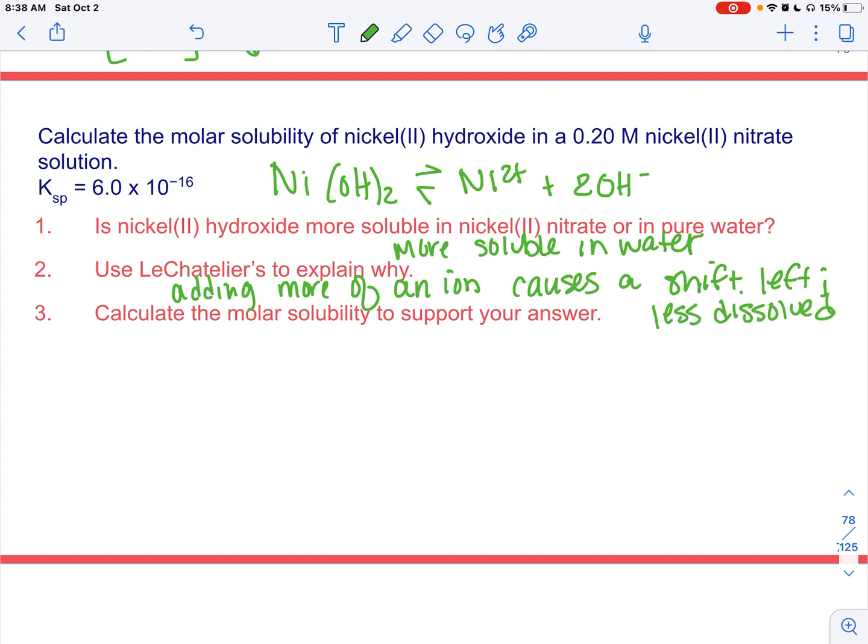You would make it much nicer in your explanation. Okay, so now we're going to calculate the molar solubility to support your answer. So we're going to do that twice. We're going to do it for water and for the solution.